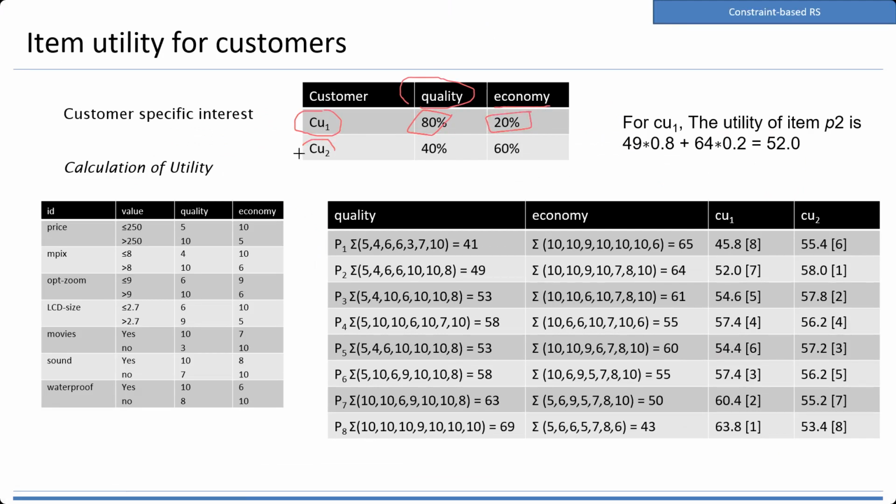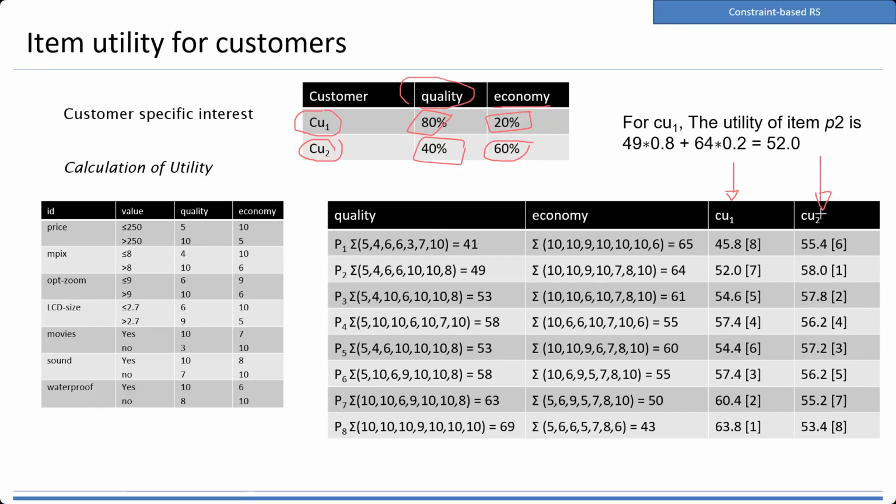For customer two, the quality is 40% of the rating and the economy is 60%. Then we can calculate the utility. How can we calculate the utility? For customer one, this is the utility calculation. For customer two, this is the utility calculation.